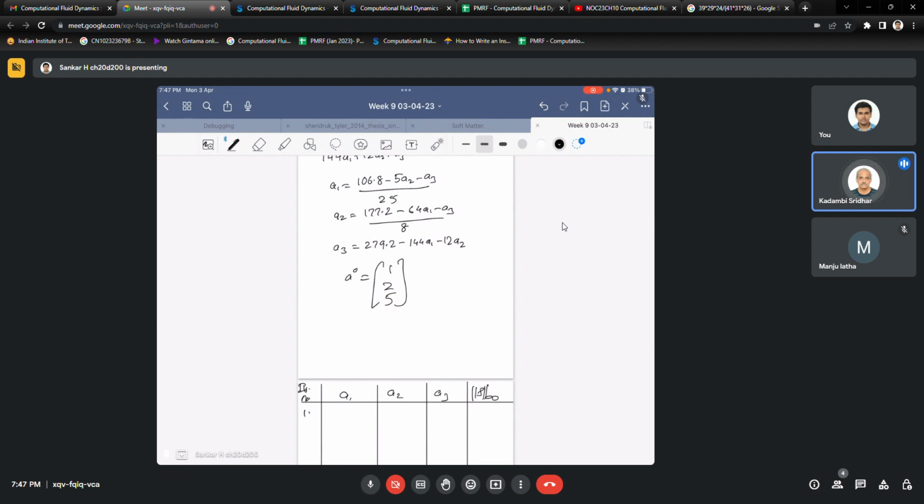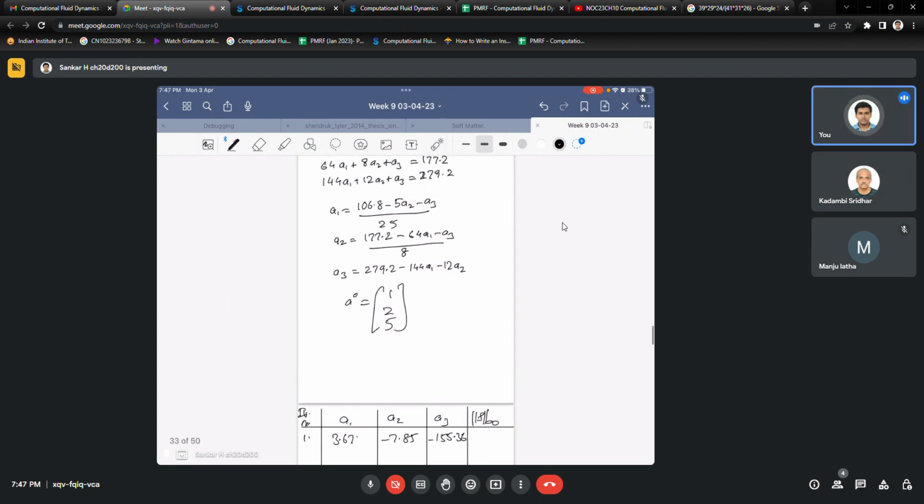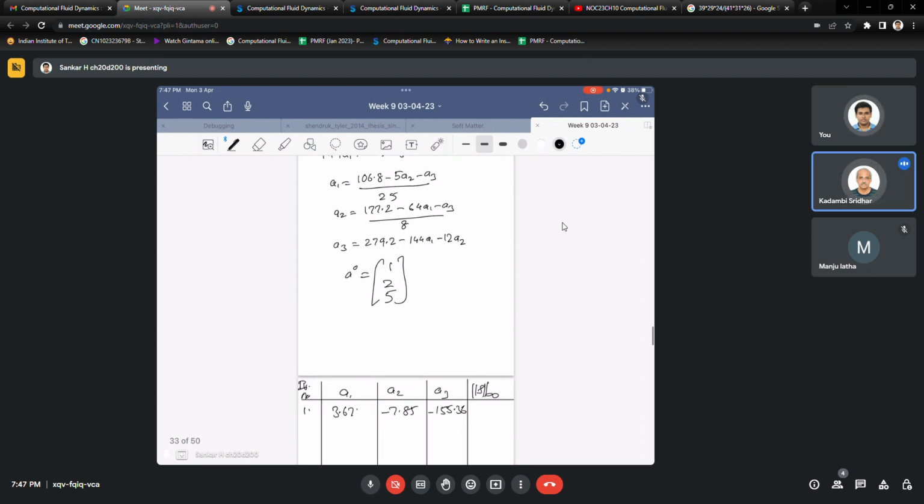I'm getting 3.67, minus 7.85, and minus 155.36. And what would be the infinite norm? Have you found that? Oh no, that requires intense calculation, so I'm going to give the answer directly. It's going to be 209.6 something.